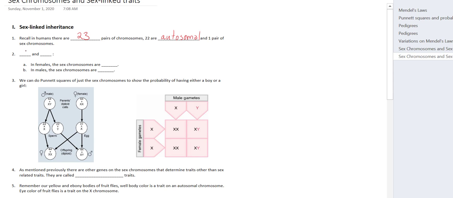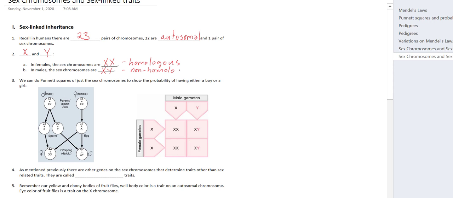Essentially we identify those as the X and the Y. In females, the sex chromosomes are XX, so in a sense they are a homologous pair. And in males, you have one X and one Y chromosome, and they are non-homologous.